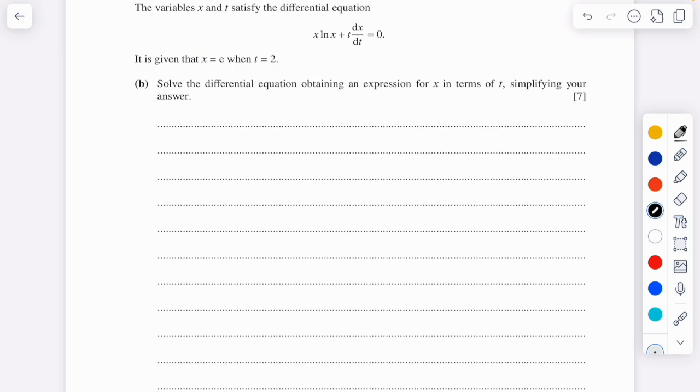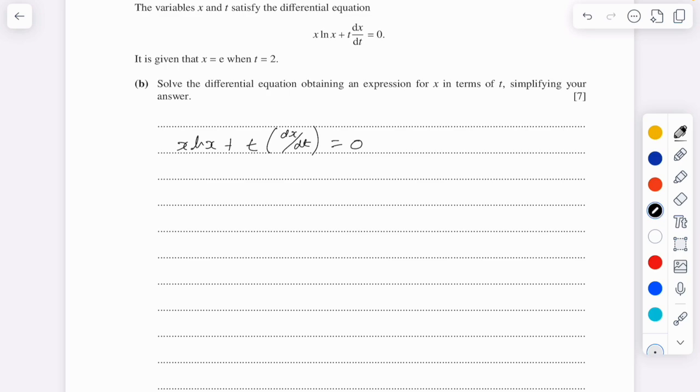Well, what we're going to say is x ln x plus t dx by dt equals 0. Just starting off with that.